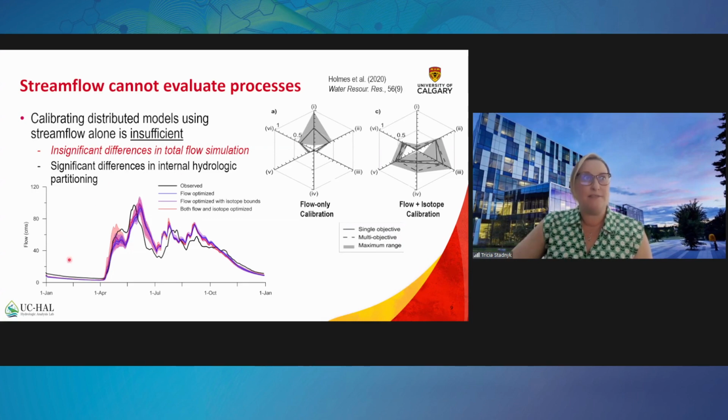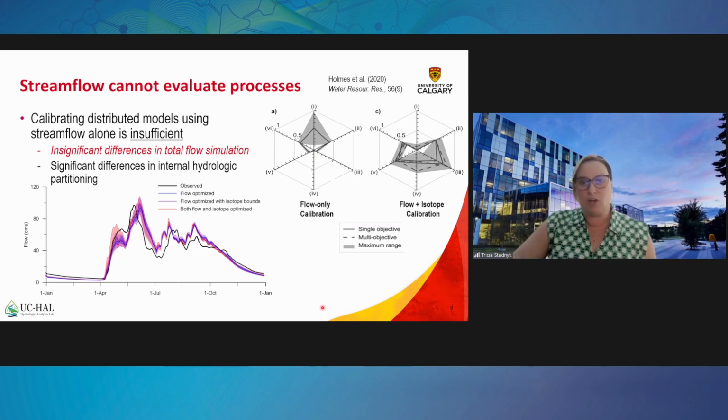The bottom left shows a hydrograph of an output from a calibrated model that was in blue, optimized only to the streamflow, versus in purple and this reddish pink color optimized to both flow and isotopes. And really what we take away from this is there are insignificant differences in the quality and accuracy of the total flow simulation. So there was no change detected no matter how we calibrated the model in terms of streamflow.